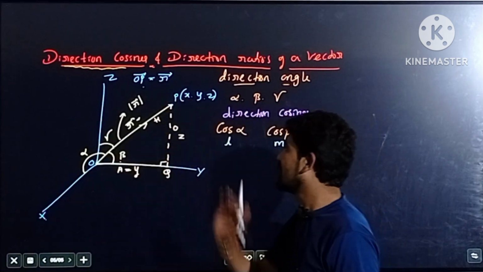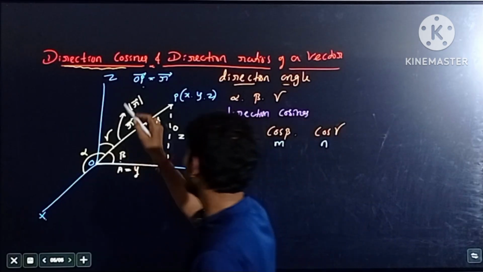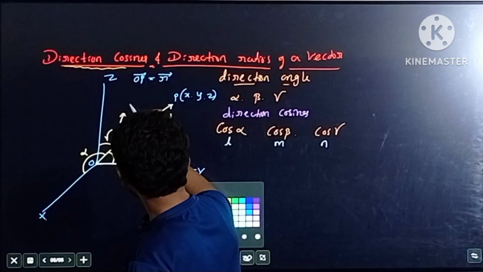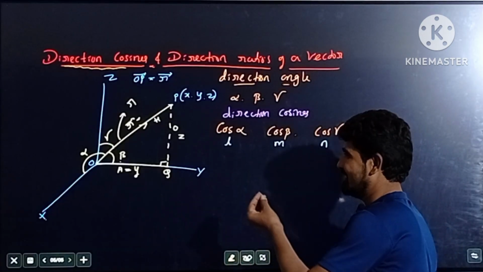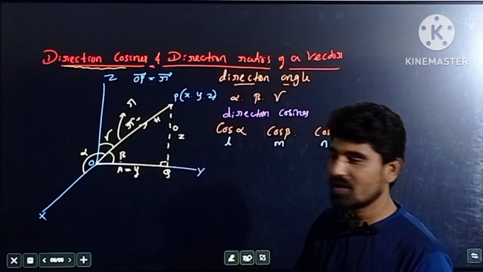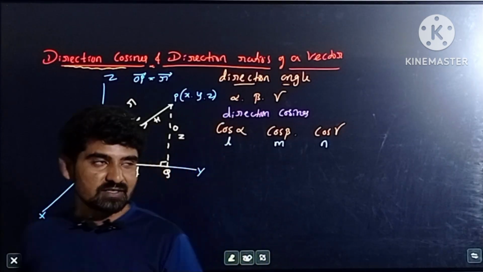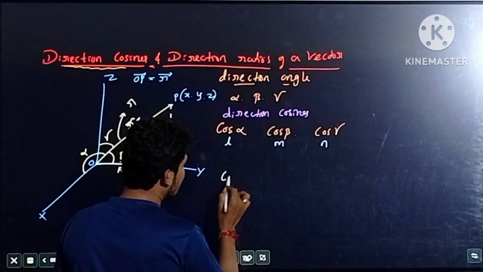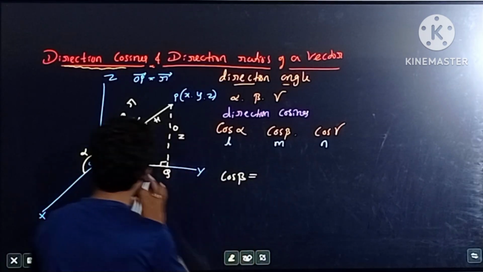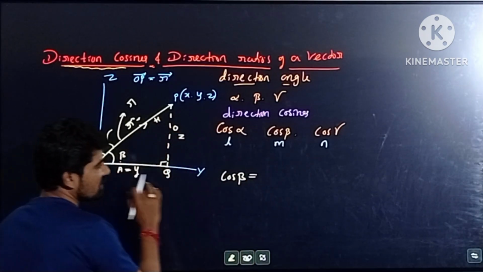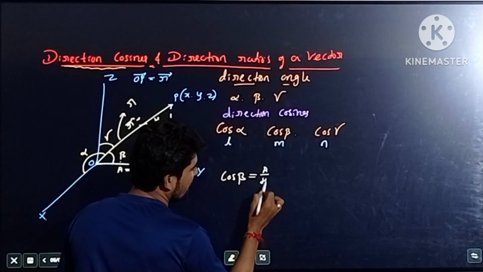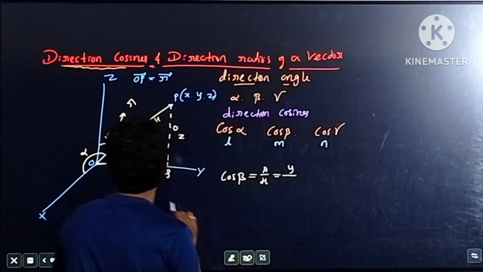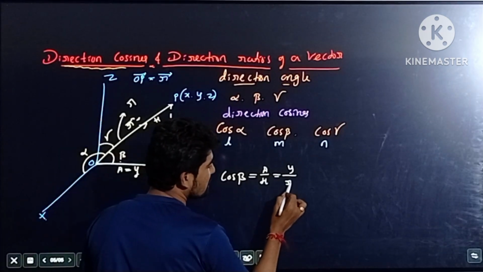So the length of the OP vector is the magnitude of r, or simply the magnitude of the r vector can be represented as just r. In my previous video I discussed the magnitude of the vector and how to represent it. Now see here, in the right triangle OPQ, cos beta is equal to adjacent divided by hypotenuse, and the length of the adjacent is y, divided by the hypotenuse, whose length is r.